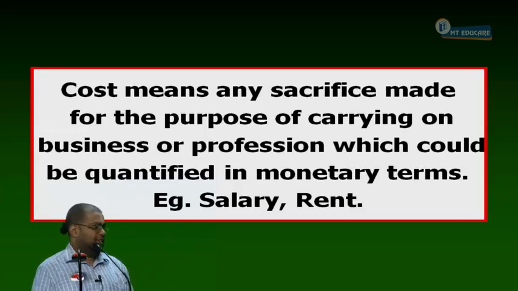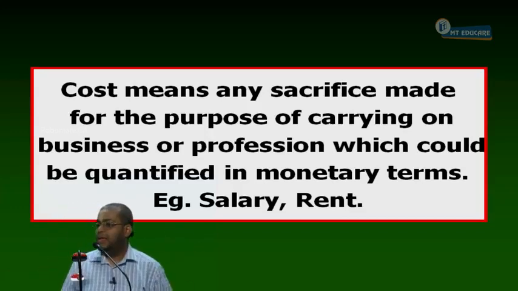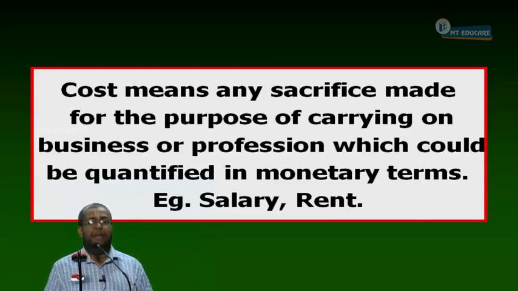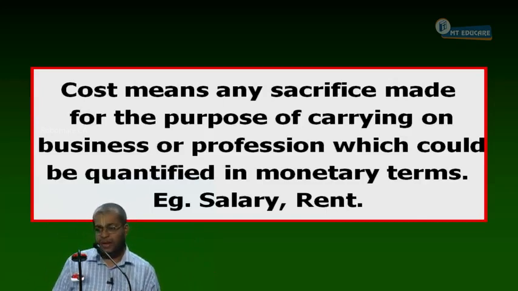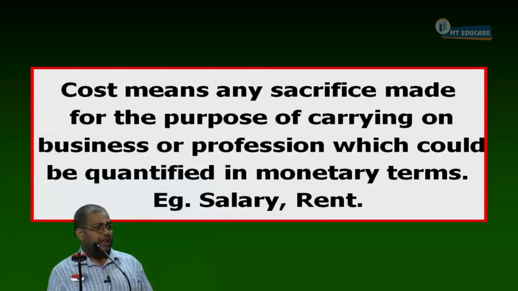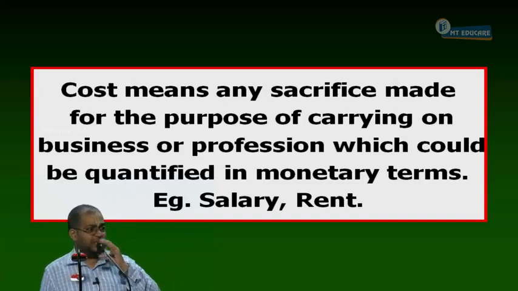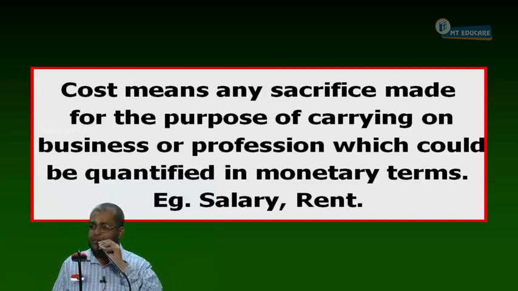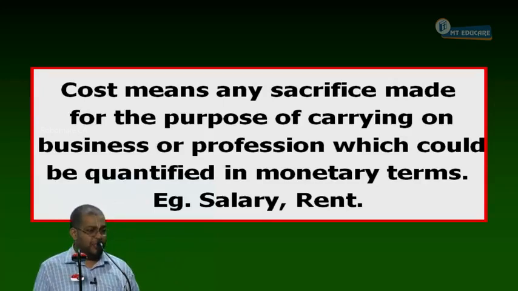Whatever falls into this definition are all costs. I pay rent. When I pay rent, I sacrifice money. Can it be quantified? Yes, we know the rent amount. Why do I pay rent? To get the place to carry on my business. It is for the purpose of carrying on business. I purchase raw material.